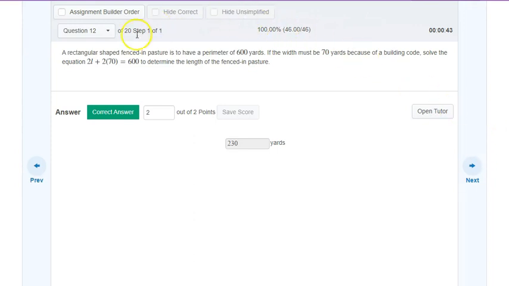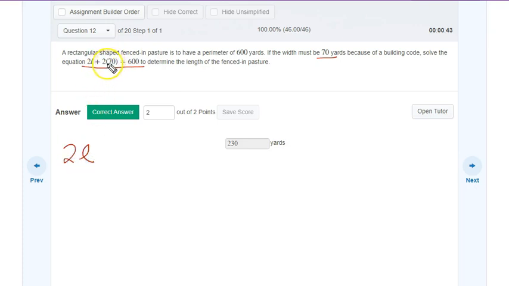Okay, here we have a rectangular fenced-in pasture whose width must be 70 yards. And what would the length be? Well, they're giving you, again, the equation here. So we're going to get 2L.